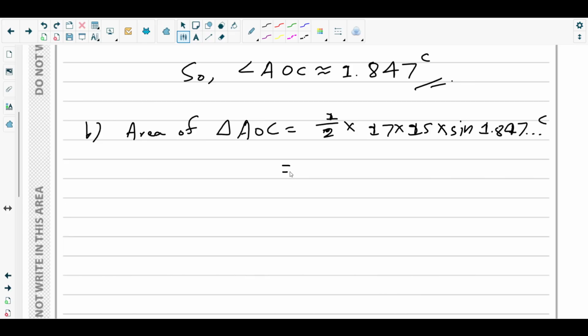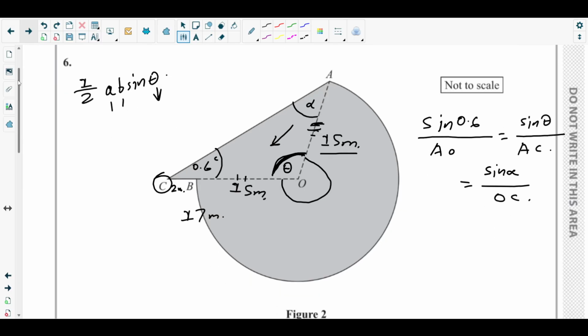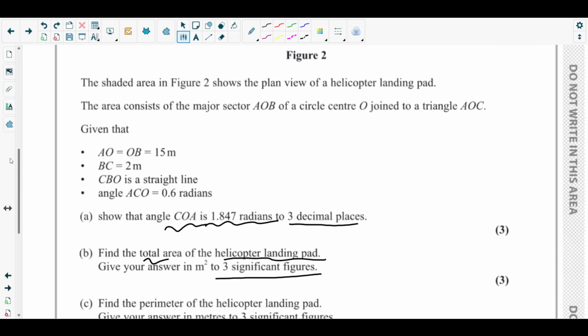I have the value saved in my calculator, so I can use it just using sine answer, then times 17 times 15 times half. So the total area is 122.660658.5 meter square or centimeter square. I'm just confused, let me check. It's meter square. Okay, fine.